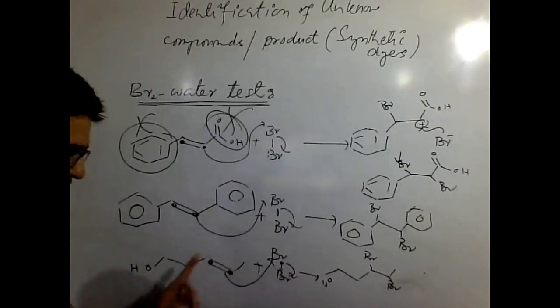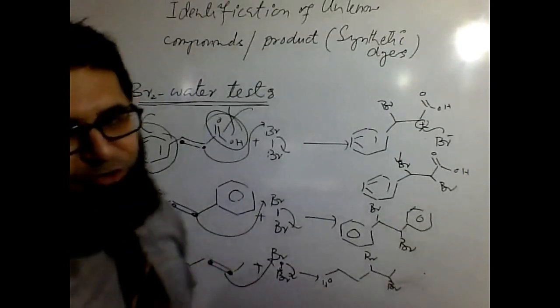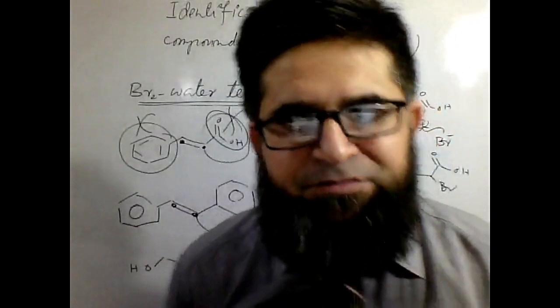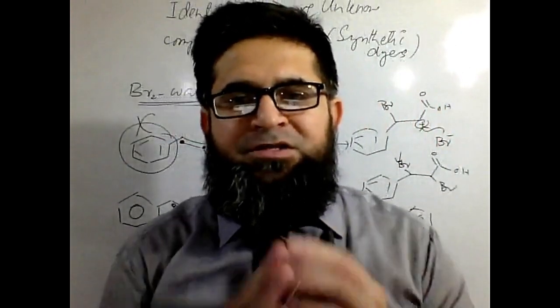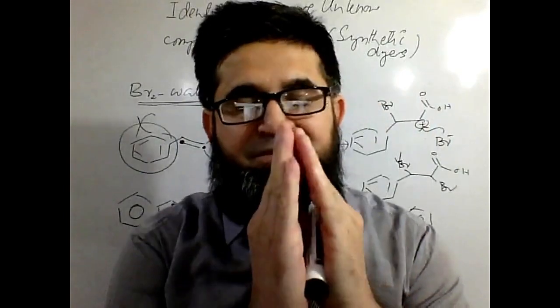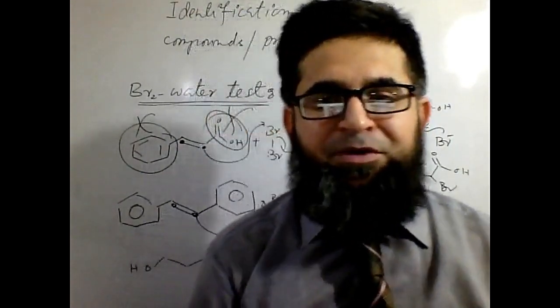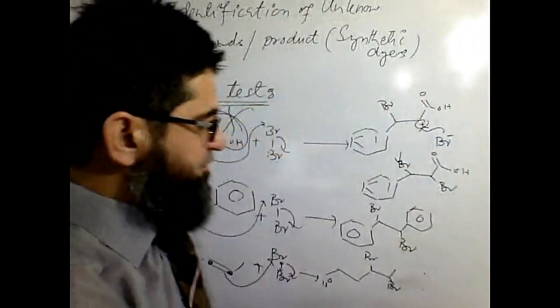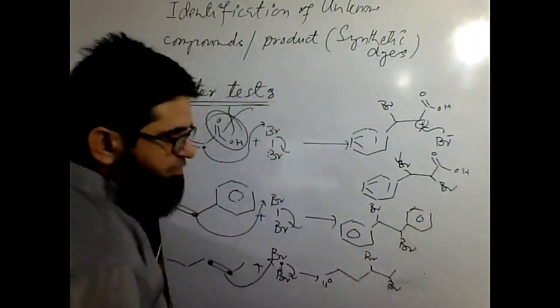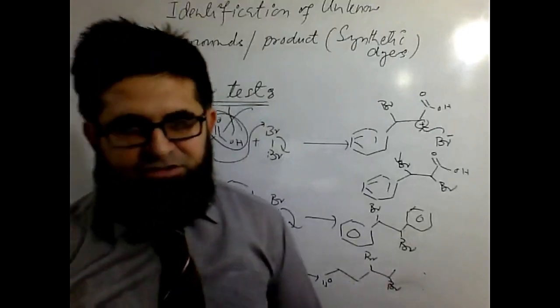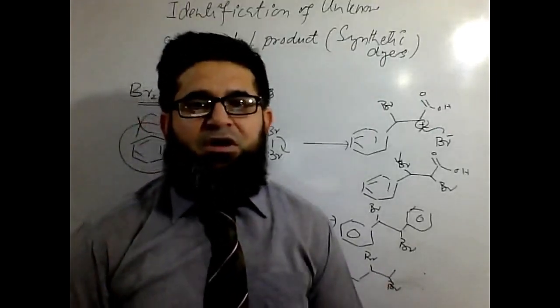There is a presence of one double bond. It reacts with bromine water, discharges the color of bromine due to the breakage of the bond between Br and Br and the formation of the resultant products, which suggests the given molecule was unsaturated.